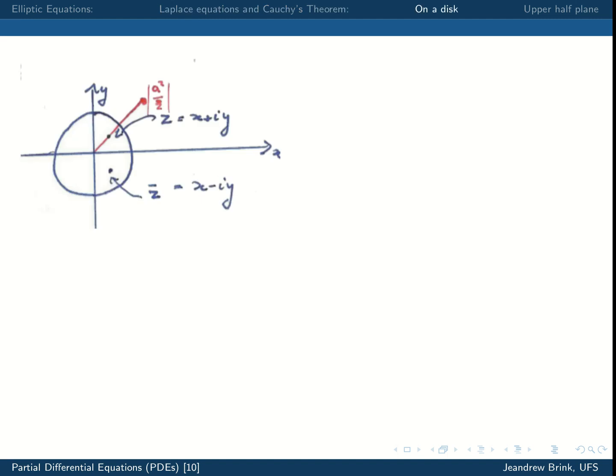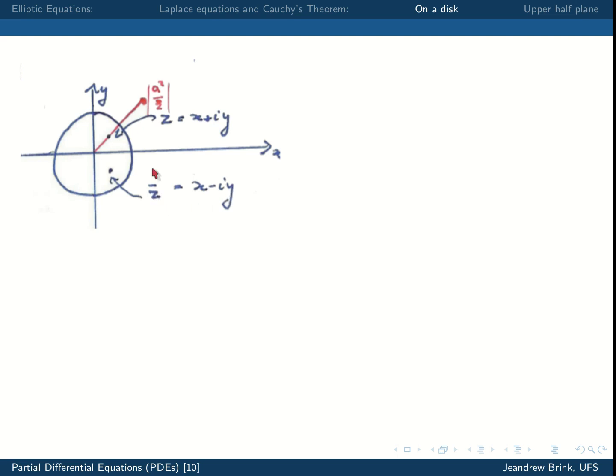So we now want to solve Laplace's equation on the disk, everywhere inside the disk. We're given the values on the circle of the disk, and I've already given you the hint that we're going to use Cauchy's theorems to be able to do that. Now the first thing I want to note is some features of the complex number. Suppose we pick a z over there, z is x plus iy. Note that the conjugate of z also lies in the disk, so z bar is x minus iy.